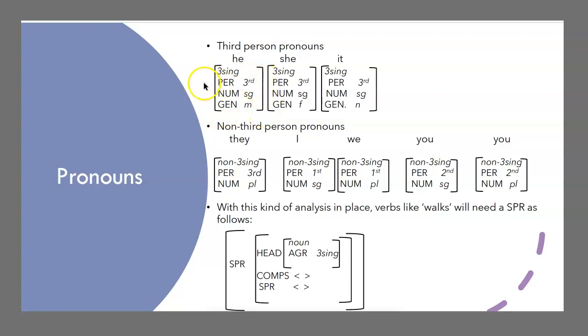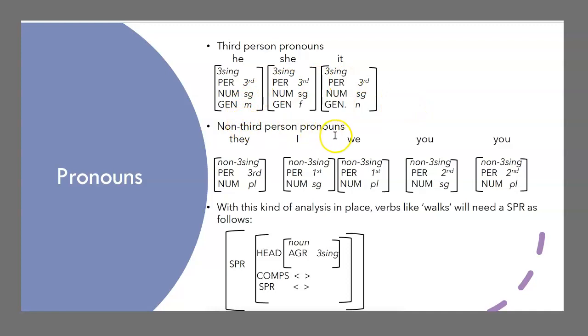The AGR value of a third person pronoun like he has third singular as the value, but it has a feature structure where there are 3 features: person, number, gender, and values are third, singular, masculine respectively. Similarly, the word she, its AGR value is third singular, and third singular has three features: person, number, gender, third, singular and feminine, and it, which has a neuter value.